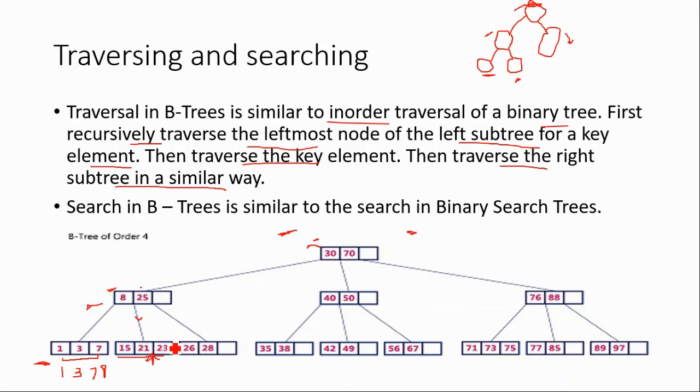Here we are depicting it as a print operation, but in some other cases you may have to do some other things, so that depends on the definition or what we are doing. In this case we are just printing the elements. So till now we have printed this 25.